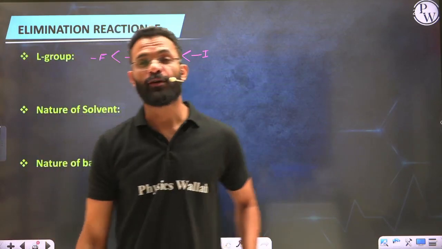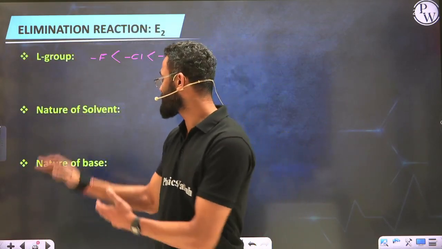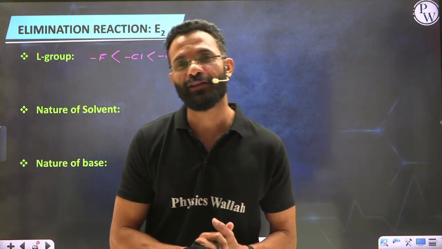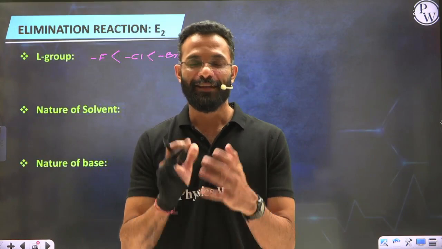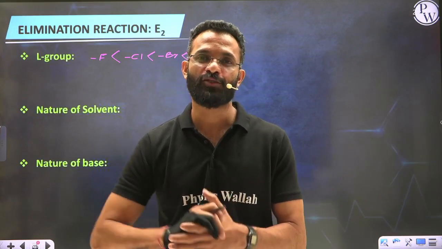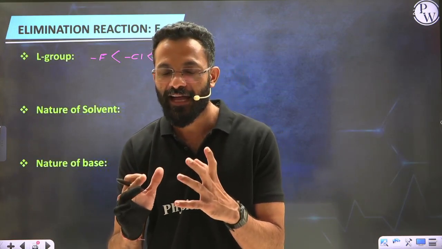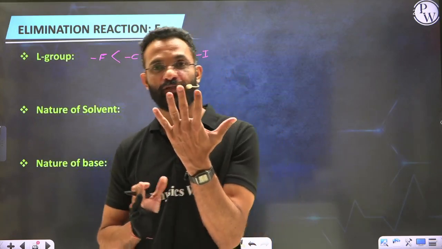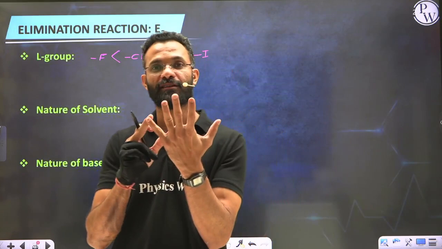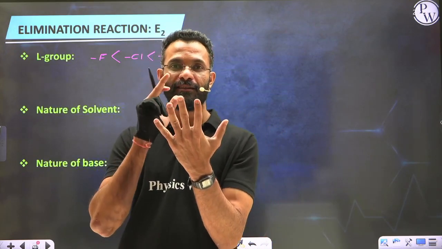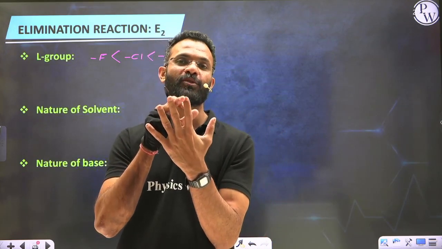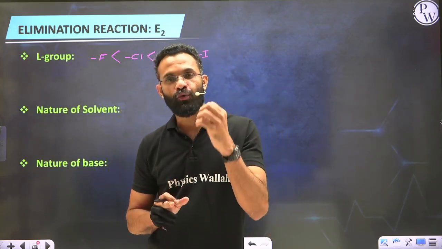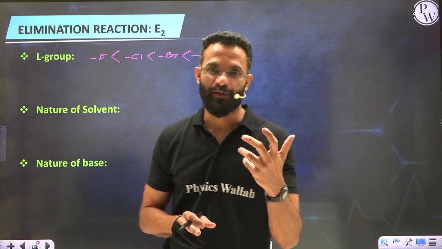The next important factor, everyone, is about the solvent. Well, tell me what kind of base we want for E2 to take place. E2 reactions take place in presence of strong bases. And the strong bases that we have learnt here are 5 important strong bases. All are anionic. Alcoholic KOH, sodium ethoxide, methoxide, tert butoxide and sodamide. Now imagine if the solvent taken is a polar protic solvent.